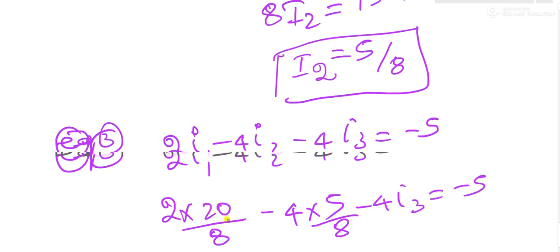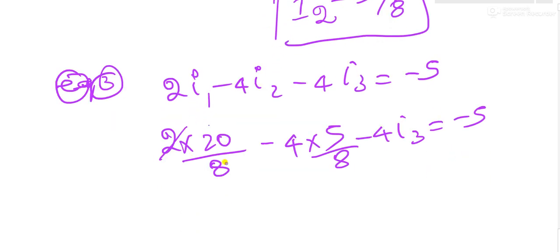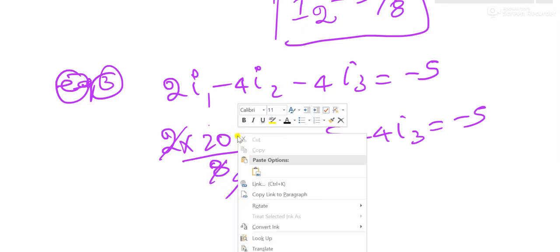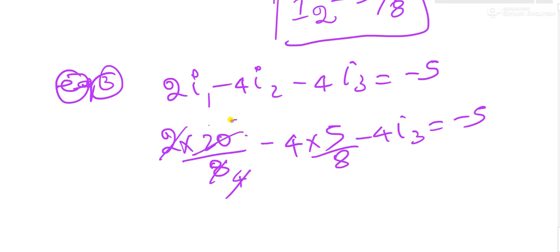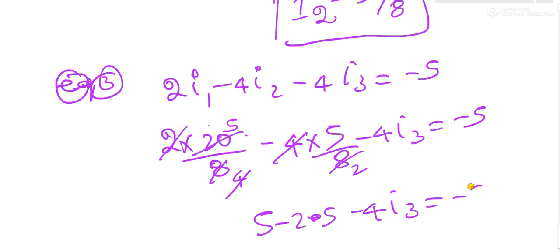First we will simplify this. 2 times 20 by 8 is 5, and 4 times 5 by 8 is 2.5. So 5 minus 2.5 is 2.5, and 2.5 minus 4I3 is equal to minus 5.